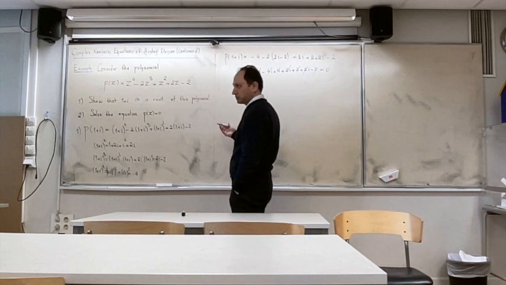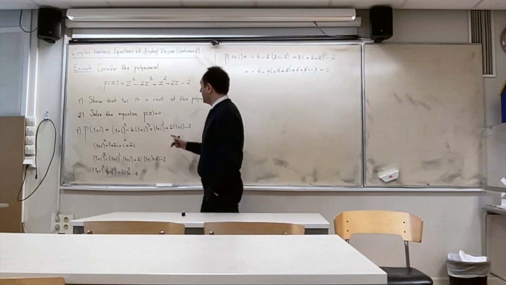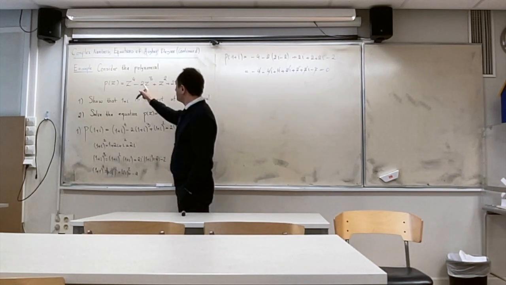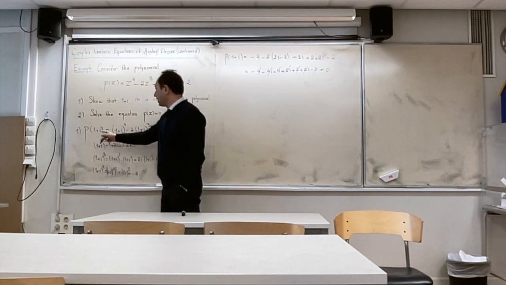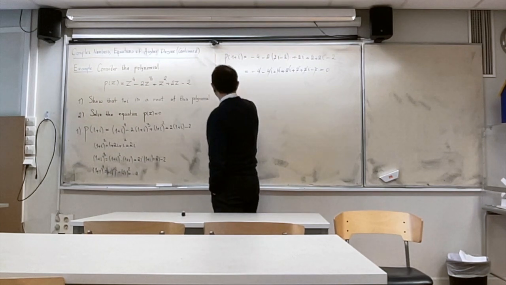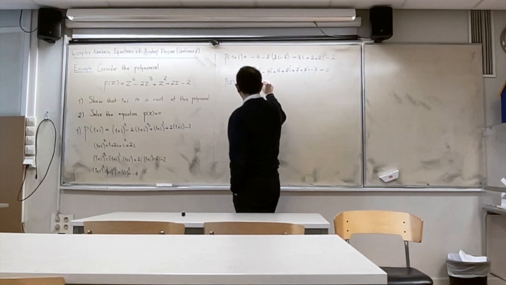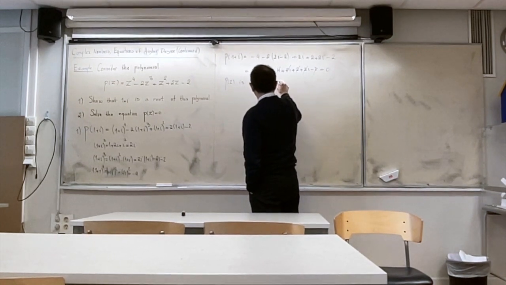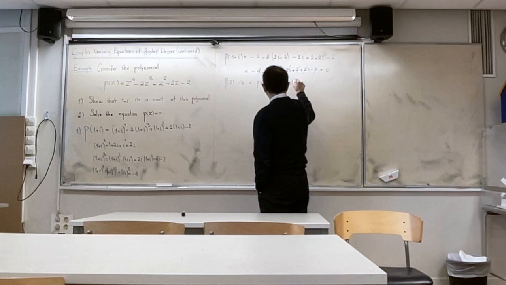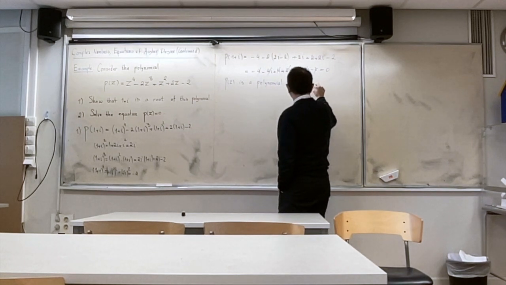Okay? But that's not a good idea for the same reason. Now this is a polynomial with real coefficients, and 1 plus i is a root. So P of z is a polynomial with real coefficients.